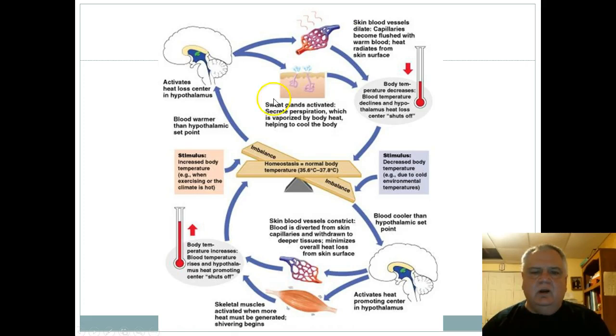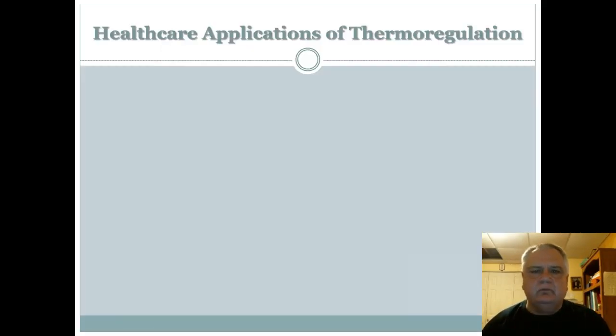So this chart, you can look this over. This chart just rehashes what we just talked about with regard to what's going to happen if the body temperature goes too high or if the body temperature goes too low. So take some time and just review that chart in your PowerPoints.